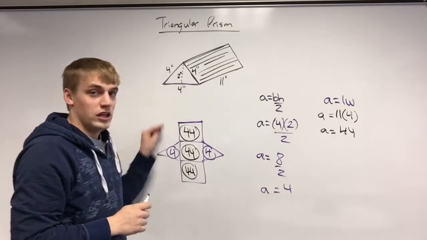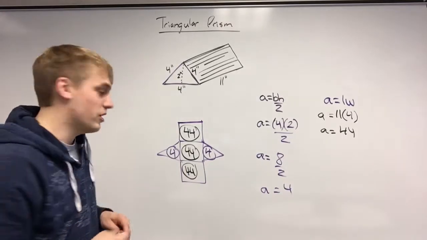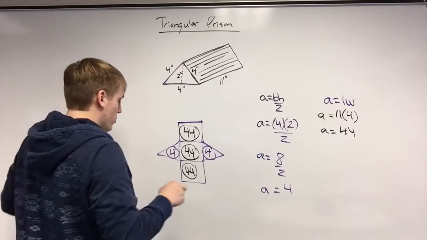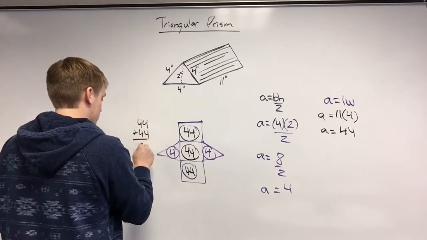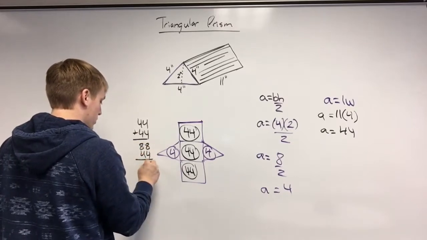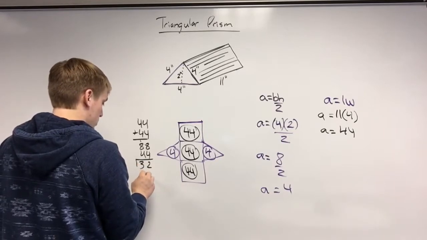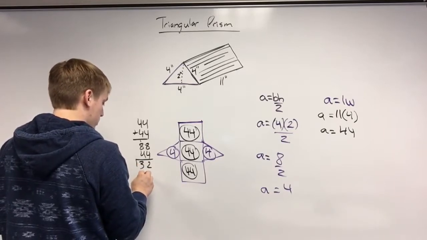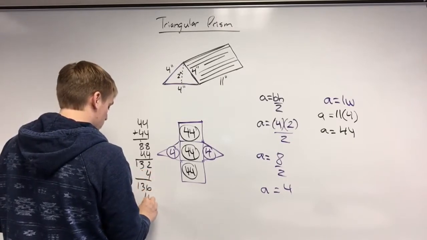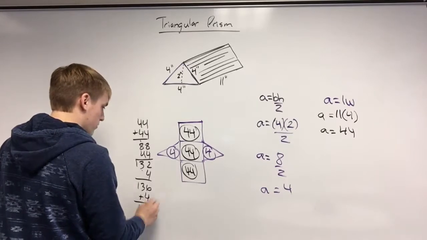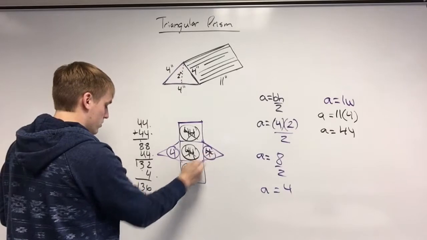So all you have to do, now that we've filled in every face on our geometry net, is add them up. So we are going to get 44 plus 44 is 88, plus 44 is 132. 132 plus 4 is 136 plus 4 is 140. 44, 44, 44, 4, 4.